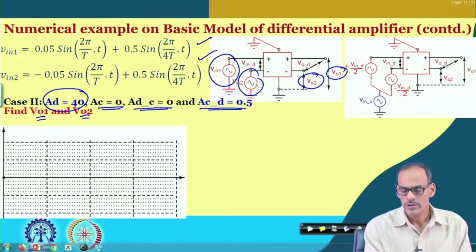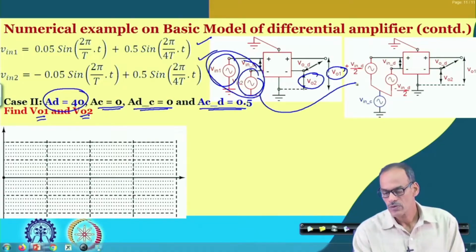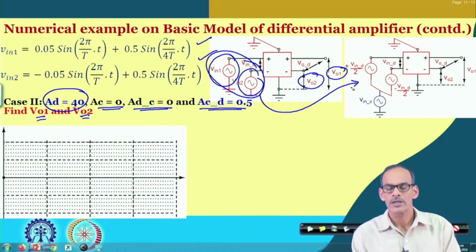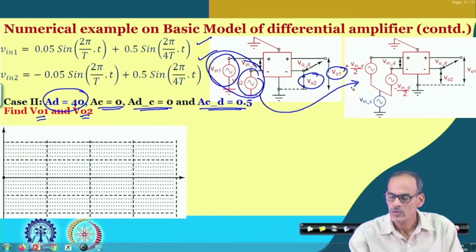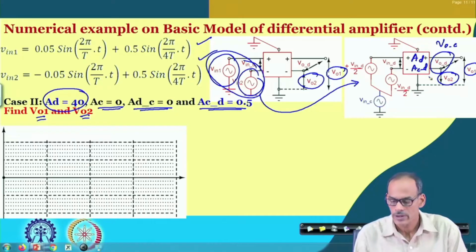Again we can convert this signal pair into the differential part and common mode part, and then we can make use of the values of AD and ACD to get VOD and VOC, and from that we can calculate the individual signals. Okay.